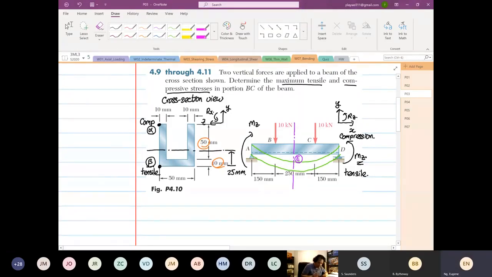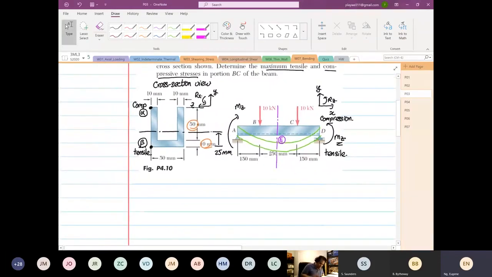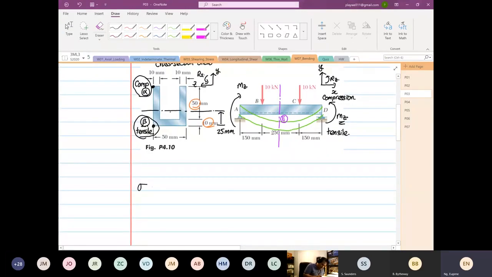Based on our analysis, point alpha will be maximum compression, point beta will be maximum tension, because if you look at the formula, stress X is equal to Mz over Izz multiplied by y, and the y is measured from the centroid.